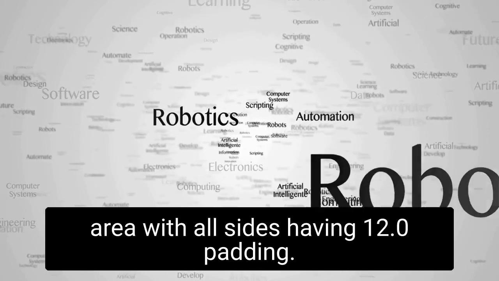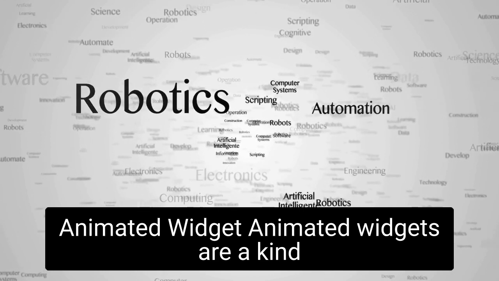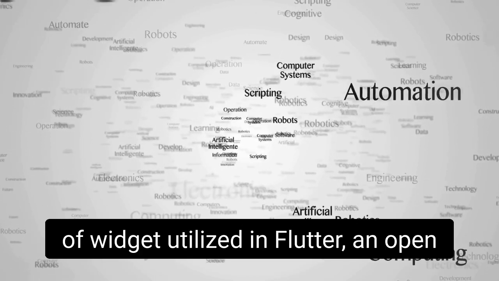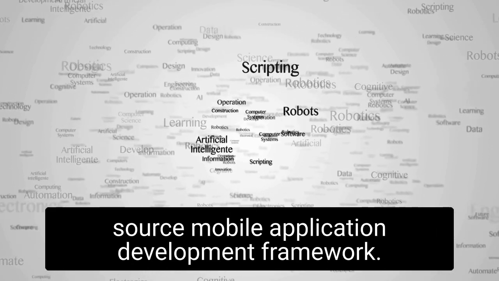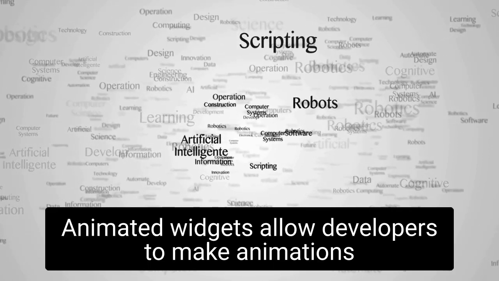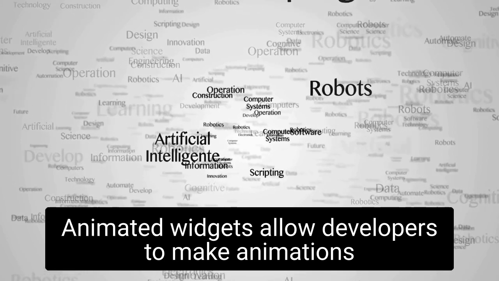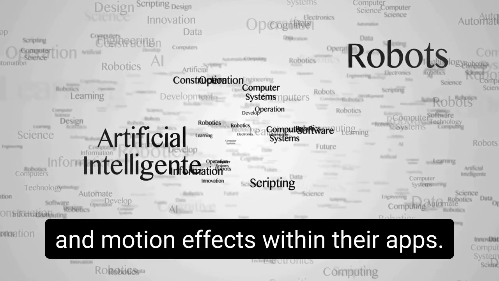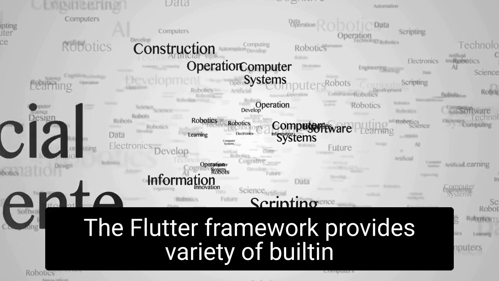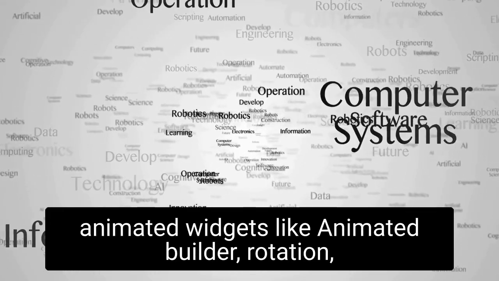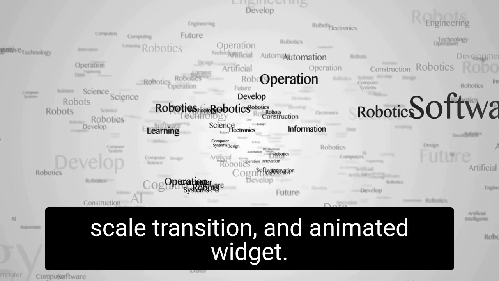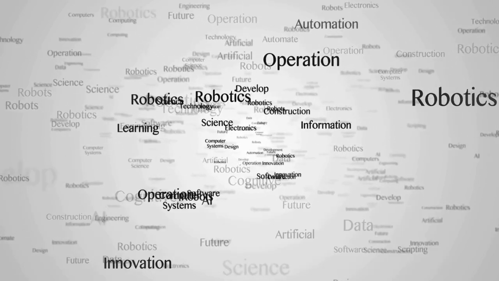AnimatedWidget. Animated widgets are a type of widget used in Flutter, an open-source mobile application development framework. Animated widgets allow developers to create animations and motion effects within their apps. The Flutter framework provides a number of built-in animated widgets, like AnimatedBuilder, RotationTransition, ScaleTransition, and AnimatedWidget.